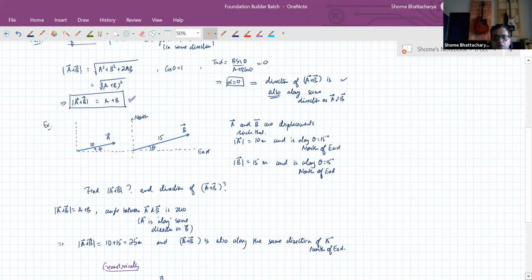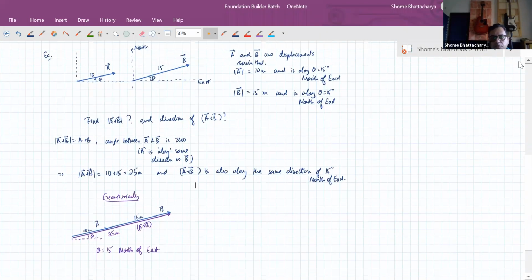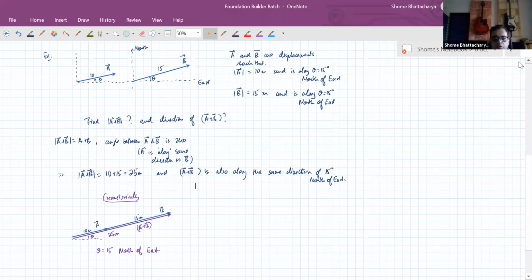Now this same result we can also understand visually or geometrically, like I've done below. If you were to draw the vectors A and B to find their sum, drawing the vectors consecutively would not result in a triangle, because they are along each other. It would just result in a straight line. A and B are going along the same common straight line, so you will not get a triangle, you will just get this kind of a straight line figure, and that is showing you that the resultant will become 10 plus 15, 25, along that same direction of theta equal to 15 degrees north of east.